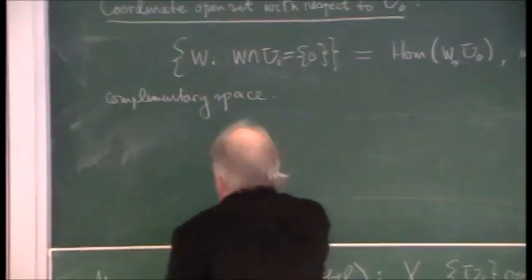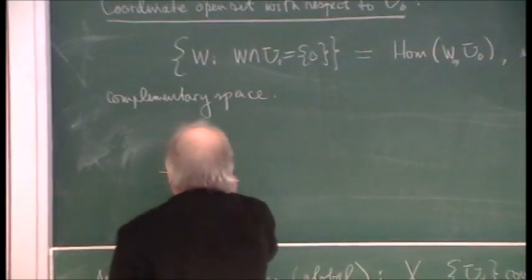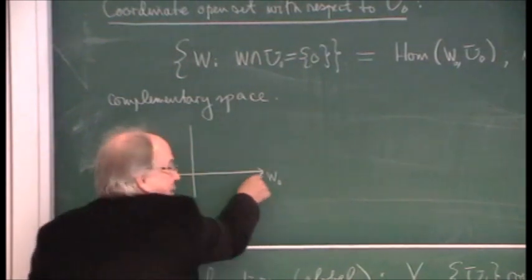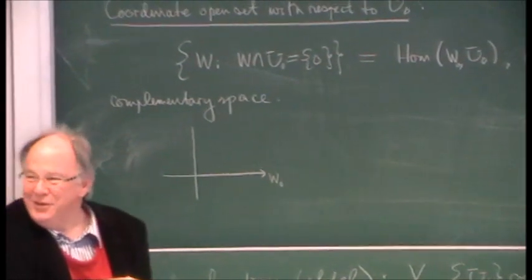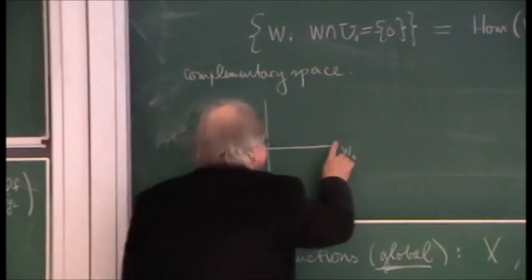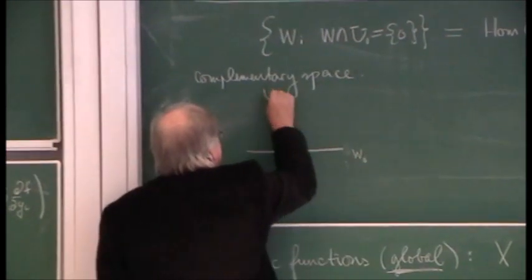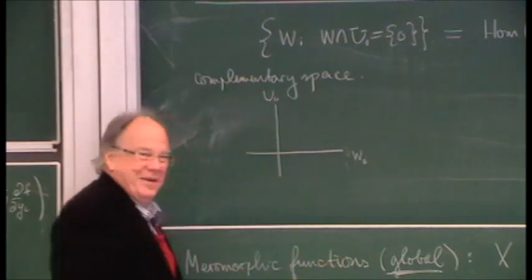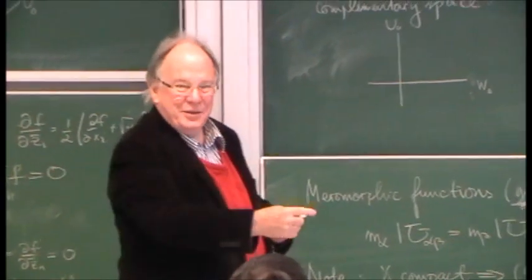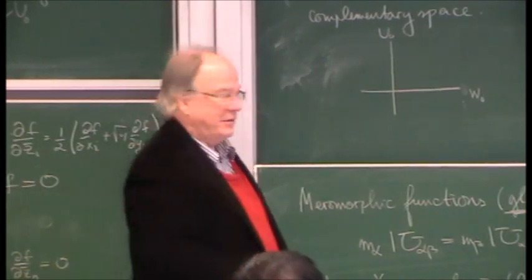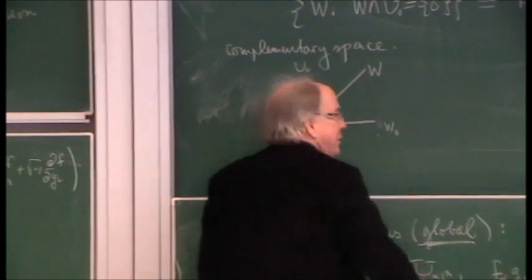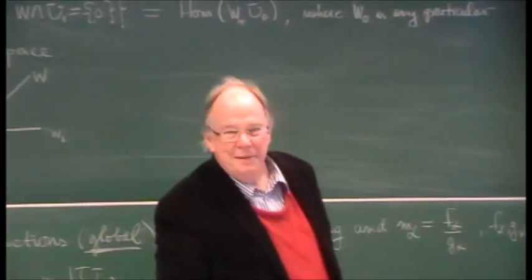And you see this is clearly Hom, because here's W0. I put an arrow here. That shows you how to teach engineering mathematics sometimes. So here's W0, here's U0. So that's the k-dimensional subspace, that's the n minus k dimensional subspace. And here is W, someplace in there.